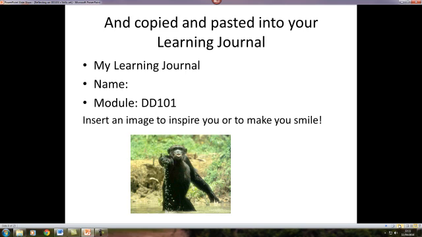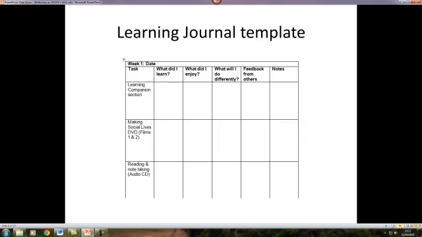So for instance, if your tutor said your punctuation is lousy, why not say to yourself, I'm going to spend a couple of hours reading a book on punctuation and make sure I sort out my possessive apostrophes, and I won't have to worry about that anymore. This is the learning journal template that we suggested.